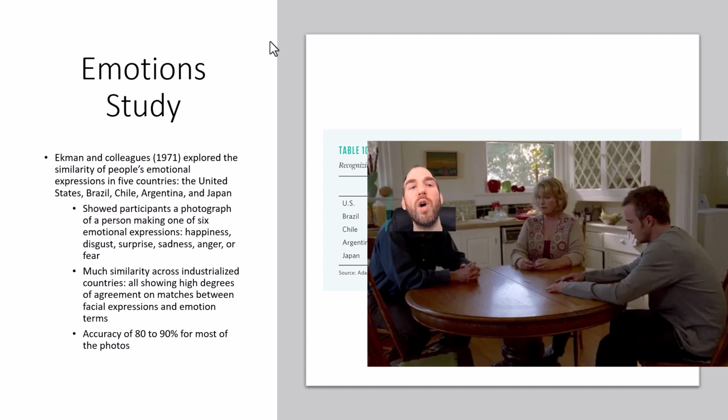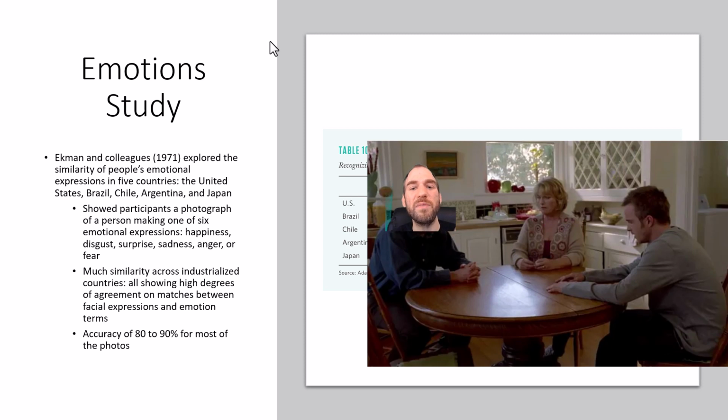And across all 5 countries, most of the participants, 80 to 90% of the time, would guess the correct emotion. By correct, I mean the person is making a happy face, and the researchers say, okay, this means happiness, therefore let's see if other people think it's happiness as well. So 80 to 90% of the time, there was consistency across the cultures for most of these categories.